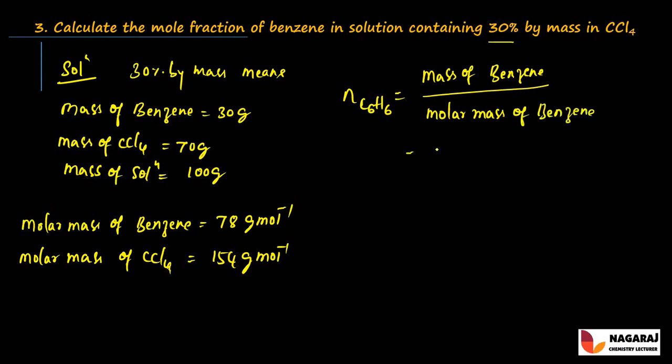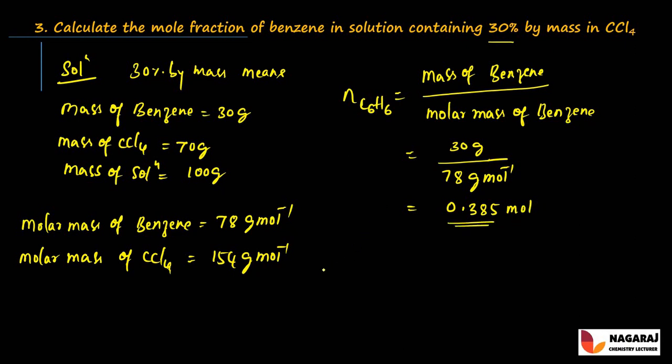So mass of benzene is 30 grams divided by molar mass of benzene, 78 grams per mole. So on simplification, it gives 0.385 moles.